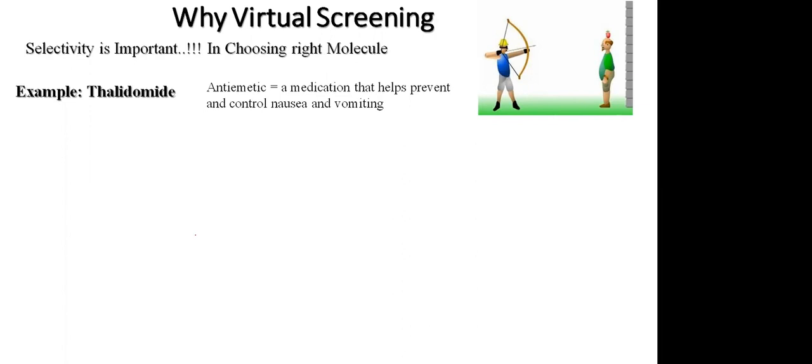For example, why is selectivity important? Because we have one bad experience in history. The example is the thalidomide compound. It's an antiemetic compound, which reduces or avoids the sensation of vomiting.